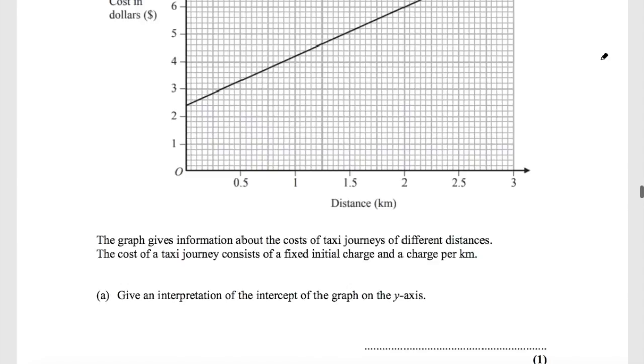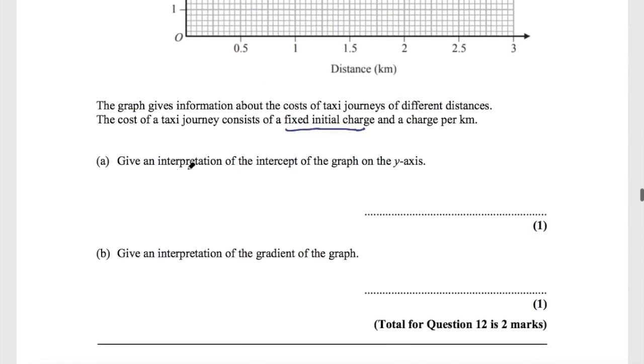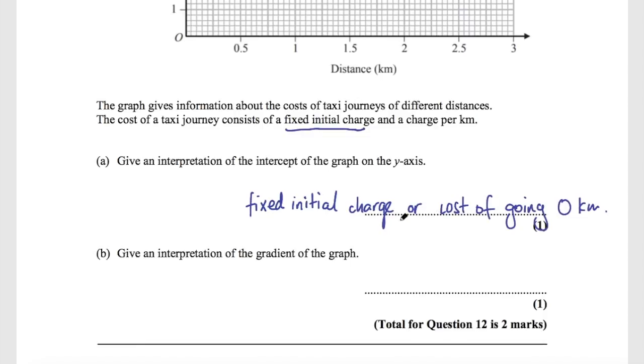So here's the y-axis and that's the intercept there. So the distance there is 0 kilometers. So that's the cost of going 0 kilometers on your taxi journey. Or you could say it's the fixed initial charge they talked about in the question.